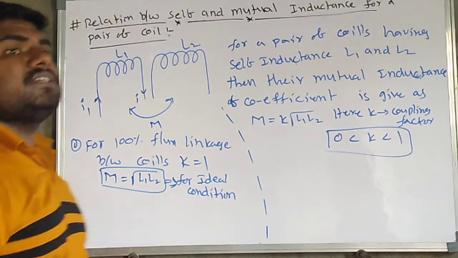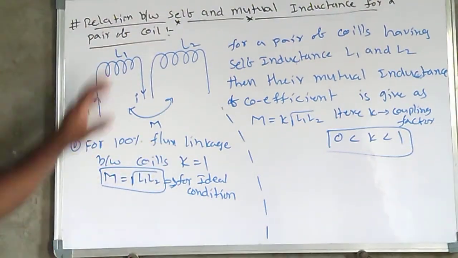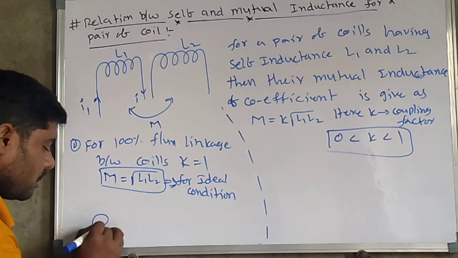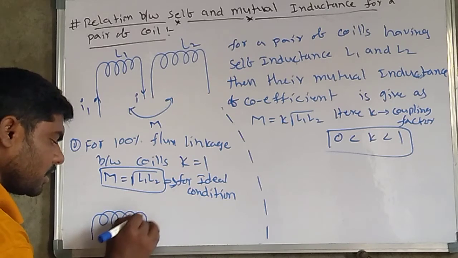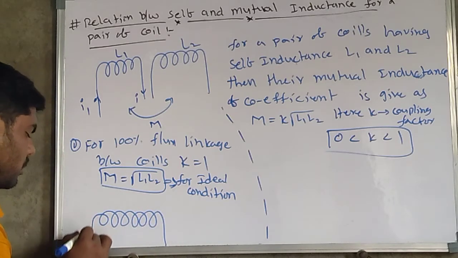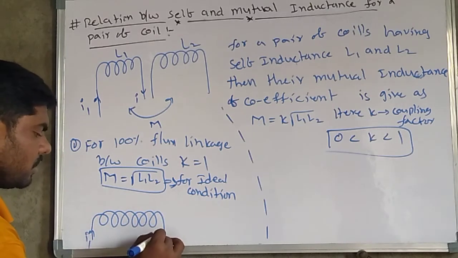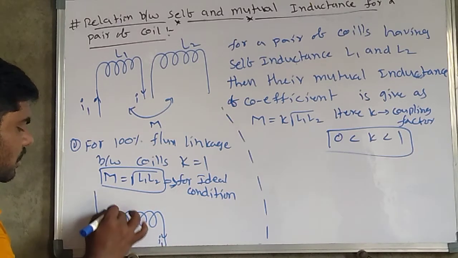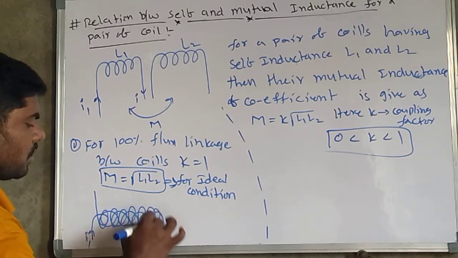For the ideal condition, these two are arranged like this, this one inductor. So here the current I1 is leaving. Here is another arrangement like this.